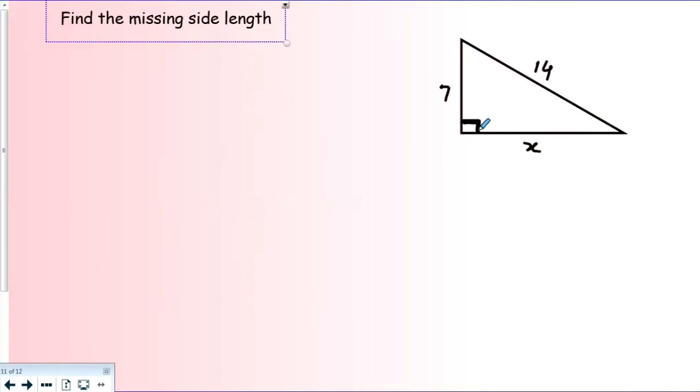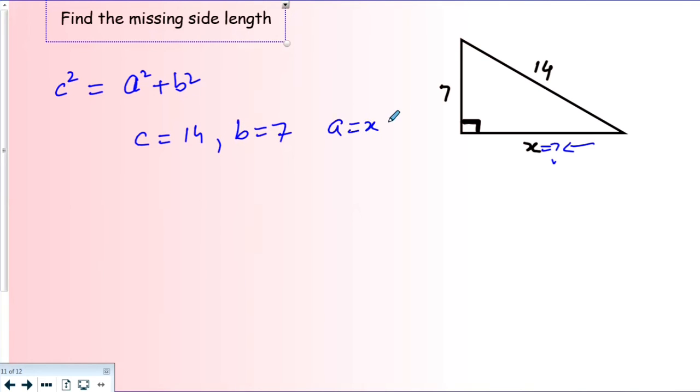Here in this example, we have a right triangle in which we need to find the missing leg. We need to find x, the length of this leg. So again, using the Pythagorean theorem, that is c squared is equal to a squared plus b squared. Here the longest side, the hypotenuse, has length 14, and one leg, let's say b, is 7, and we need to find a.